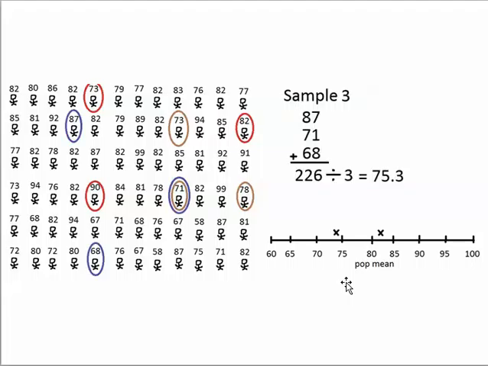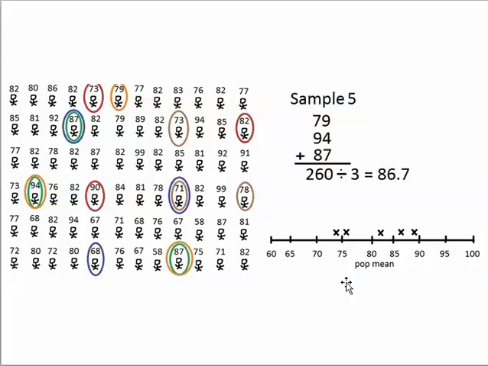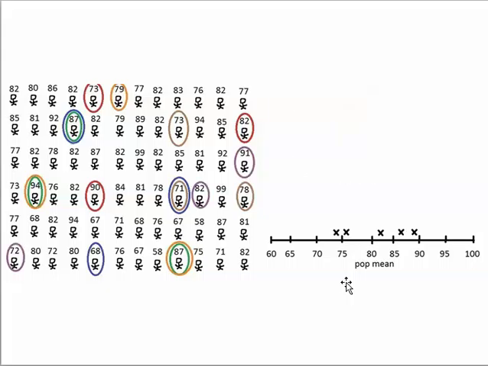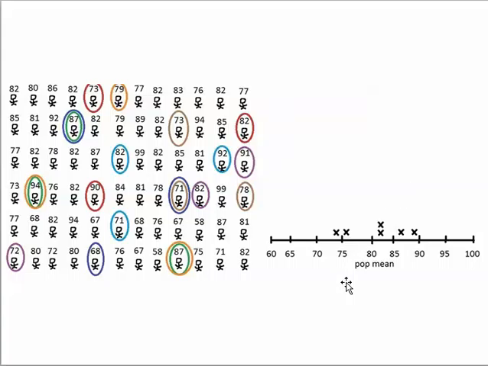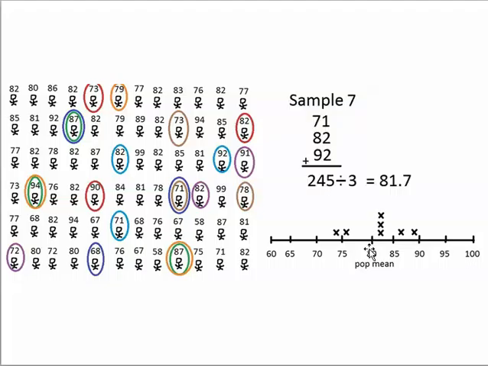So there's all these different possible samples of 3 people that could be selected from the population, and each possible sample has its own sample mean. Some of the possible samples have the same sample mean, and those sample means end up being stacked above each other. For example, these 2 samples both have the same sample mean. Here's another one. All 3 of these samples had a sample mean of 81.7.